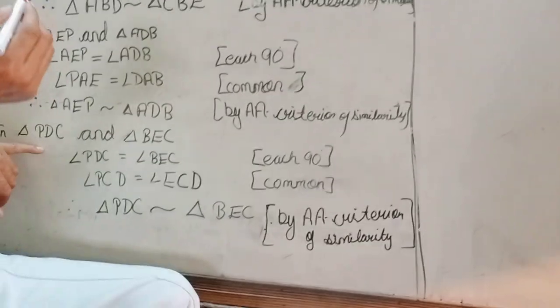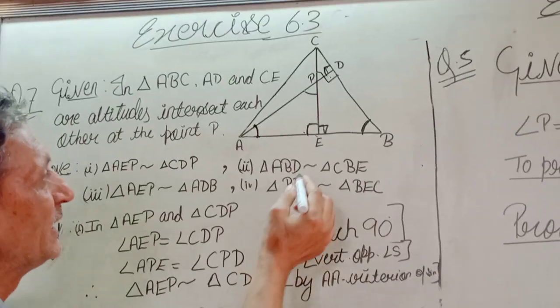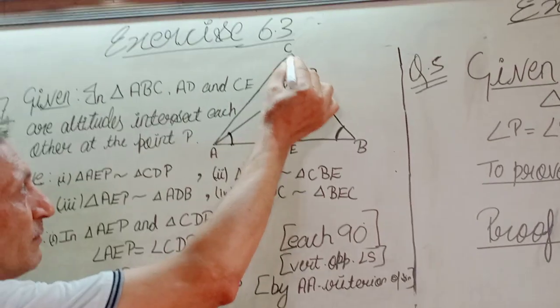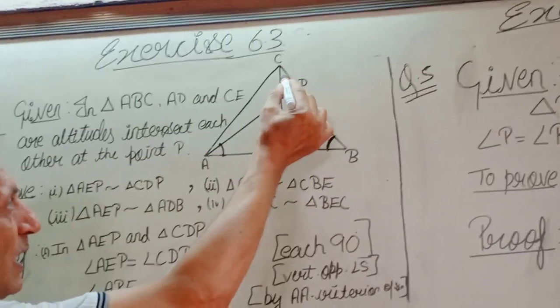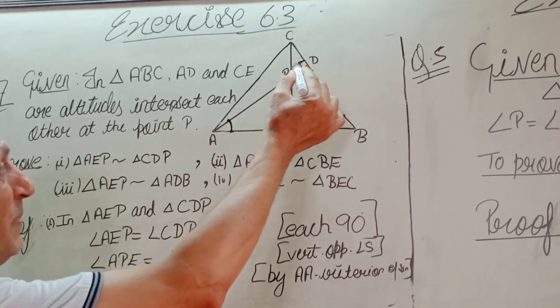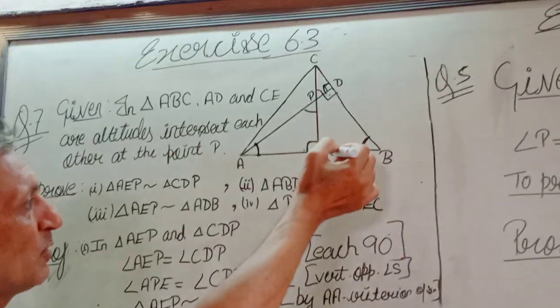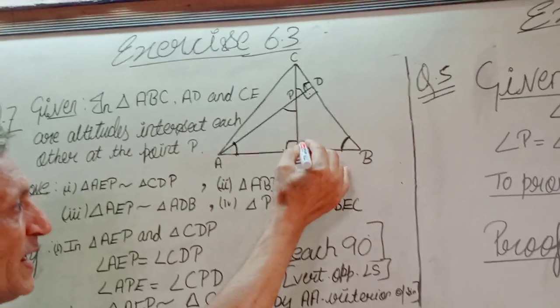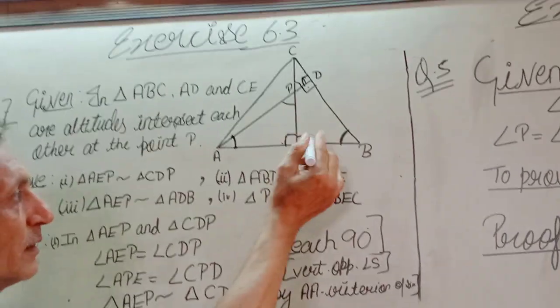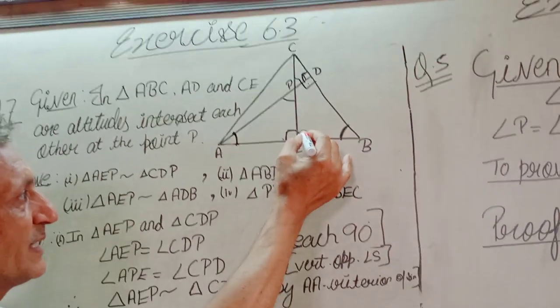Now let's take up the fourth one, triangle PDC, the smaller one, and triangle BEC. We have again one angle equal, that is each 90.